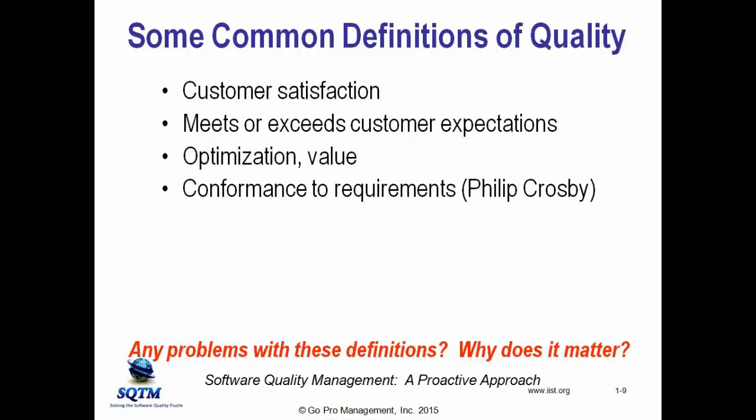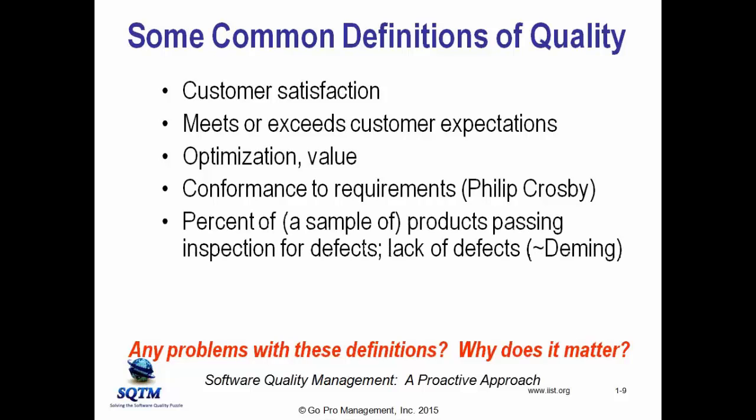Conformance to wrong requirements is not quality. So if the requirements are not right, or not accurate, or not complete, conforming to them will not produce quality. So you need to get to both aspects, not just the conformance, but also the requirements themselves.